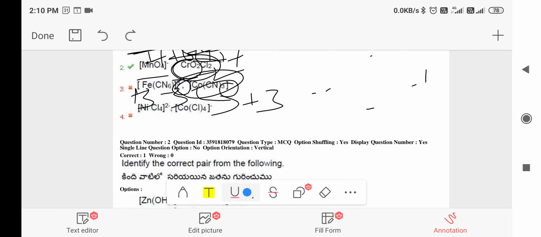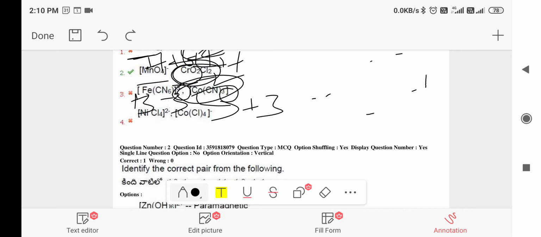Here also each chloride ion is -1. So we have 4 chloride ions, 4 into -1 is -4, and the charge on the square bracket, that is on the complex, is -2. So which is balanced by +2 charge on nickel.